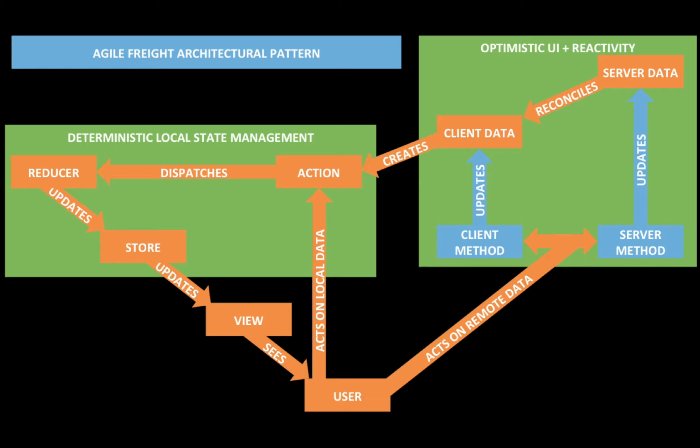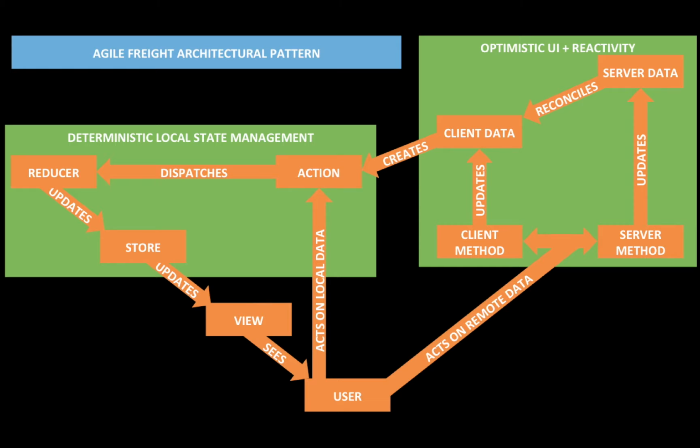The client simulates the update on the server, but it simulates it on the client itself. And then the server performs the actual update. So these both get fired. They both update their data. But what if they don't match? If they don't match, then the server reconciles down to the client, and it corrects any errors. This is the optimistic UI part of the architecture.